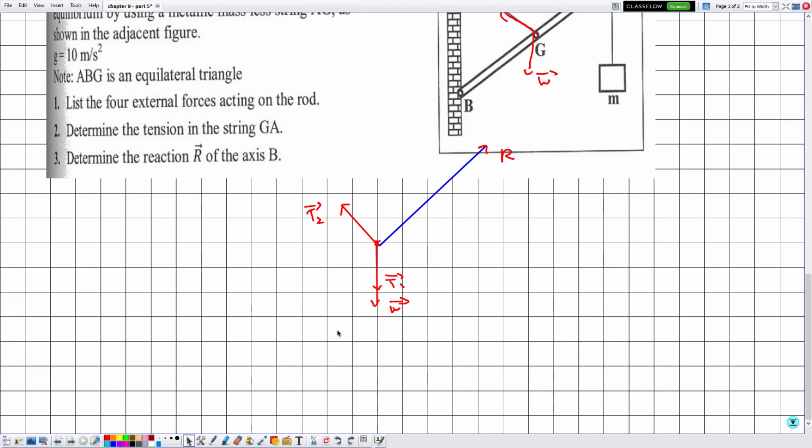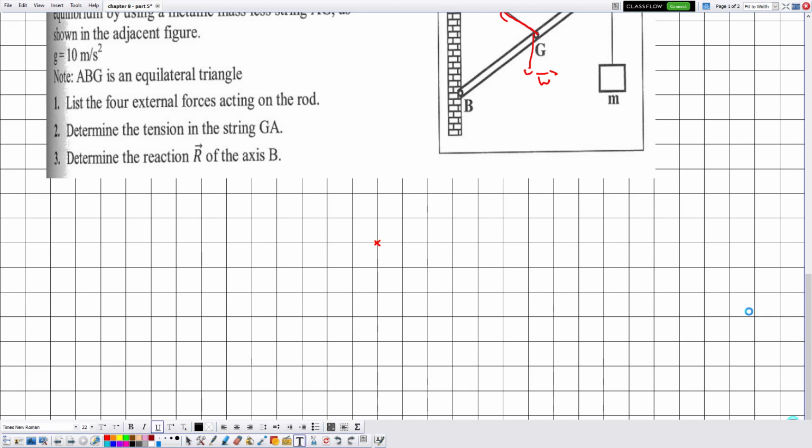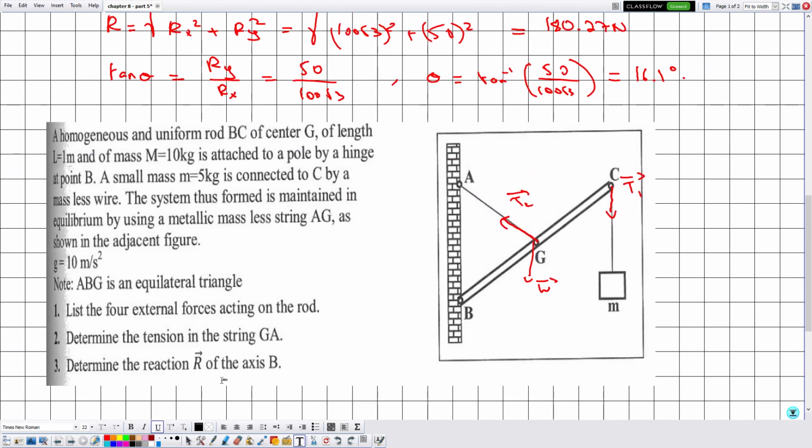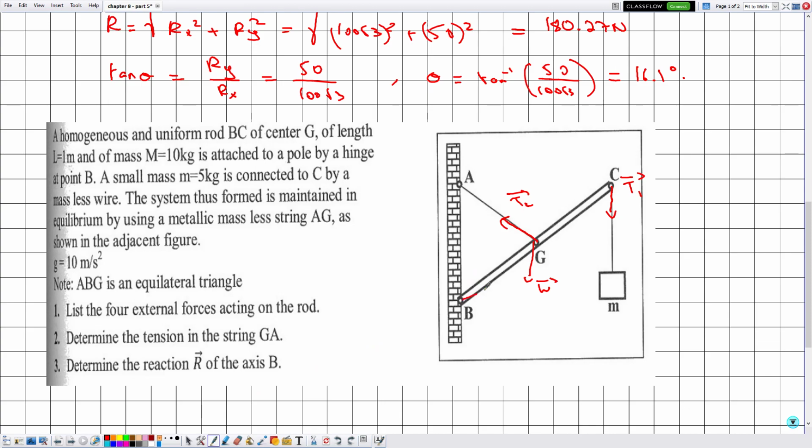Now getting back to the figure, if you want to plot Rx and Ry according to our values, it will be something like this.